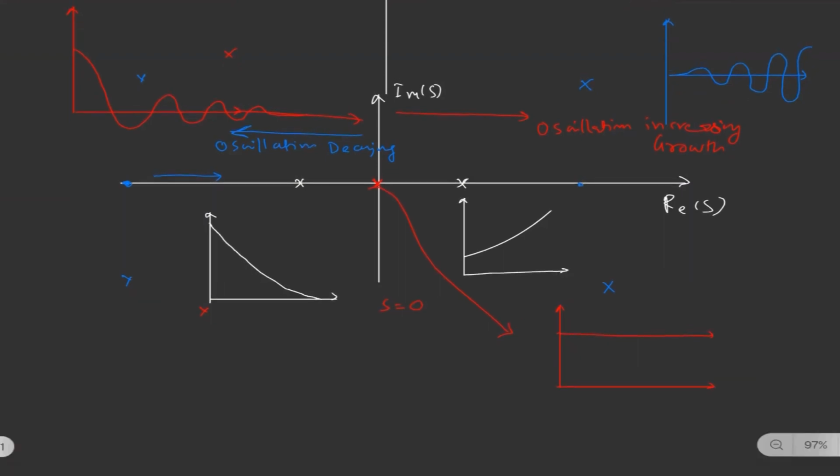So this kind of response is marginally stable. And if there are two repeated poles at the origin, then the system response will be unstable. So it is something like this.